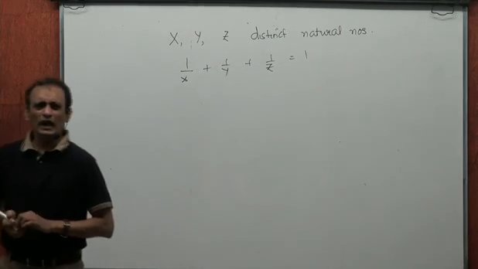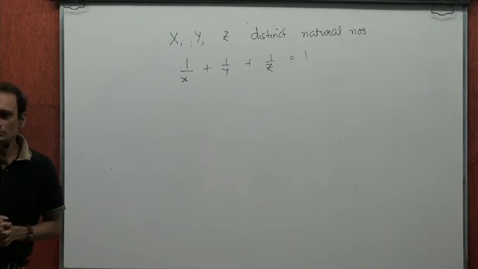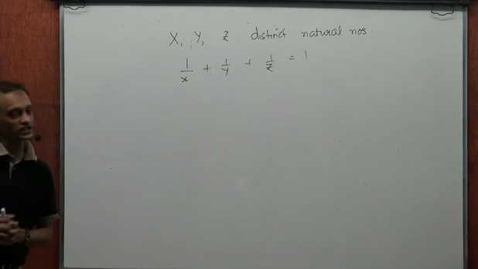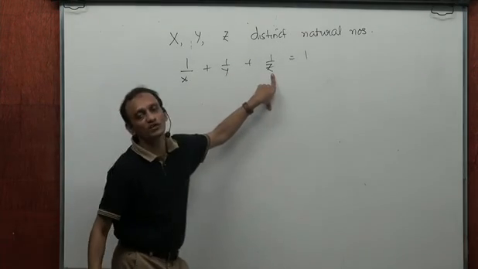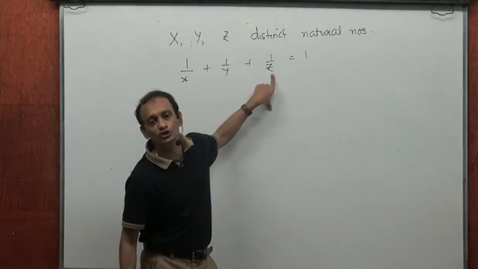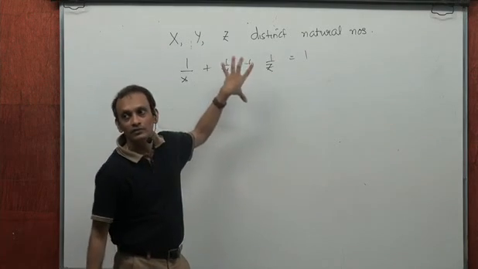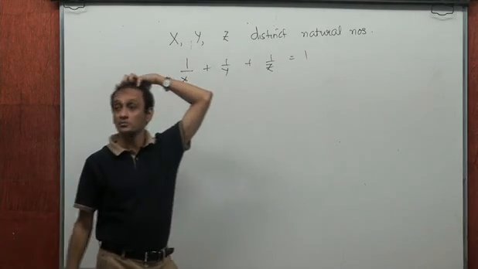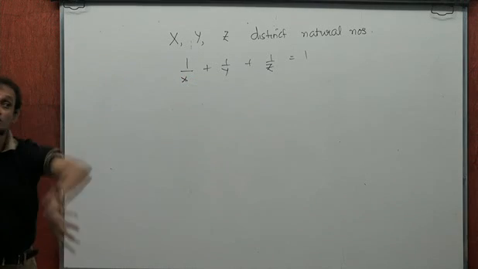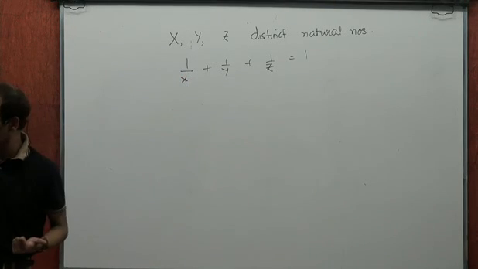Again, by inspection, you can see 2, 3 and 6 is a solution to this. X equal to 2, y equal to 3 and z equal to 6 is a solution to this equation. Natural numbers, right? X, y, z are natural numbers here and distinct, unequal.